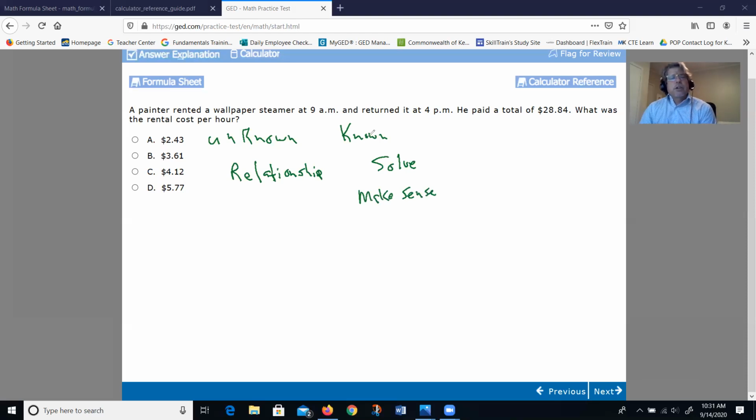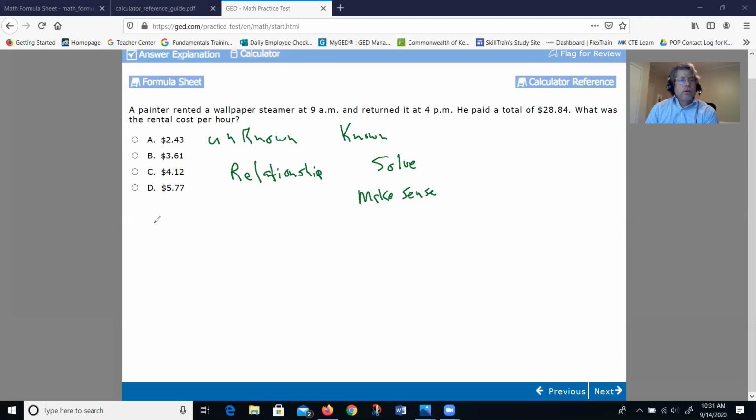So let's look at this question here and see if we can make sense of this question. A painter rented a wallpaper steamer at 9 a.m. and returned it at 4 p.m. Her total pay was $28.84. What was the rental cost per hour? So what we pick up on is the unknown is going to be the cost per hour.